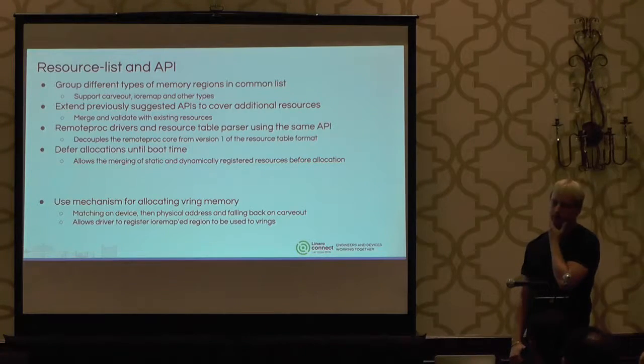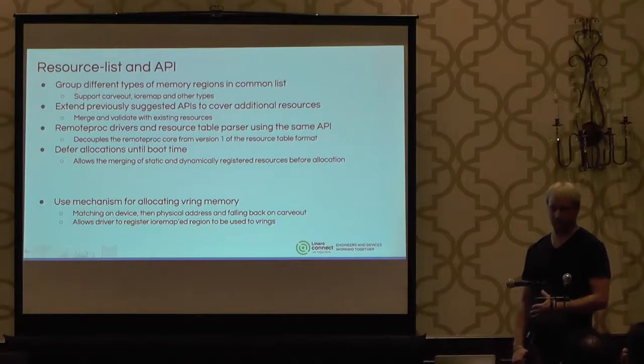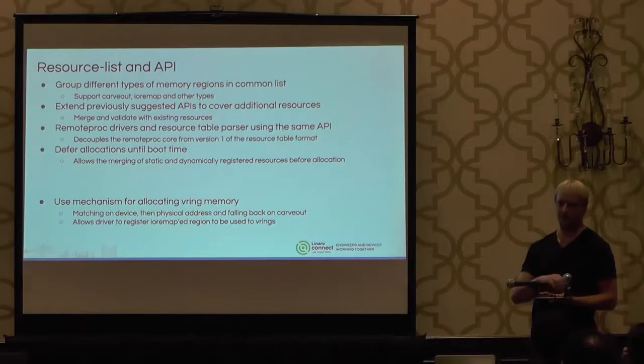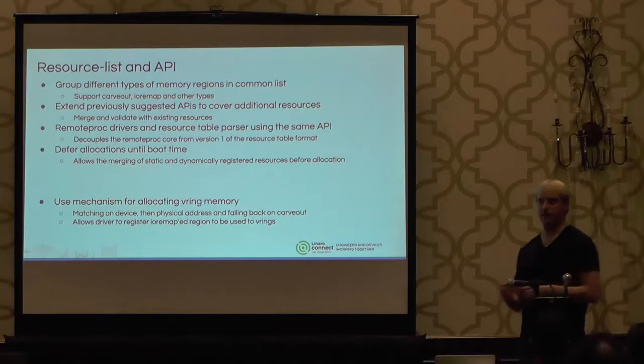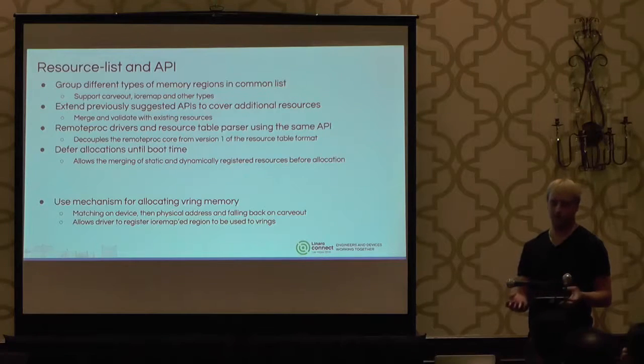So the proposed patch was that the core would, when allocating VRings or carve-outs, first try to call into the Remoteproc driver and see if it wanted to allocate the memory, and then fall back to using the alloc coherent. I fear that the implementation of the Remoteproc driver will be rather complex.